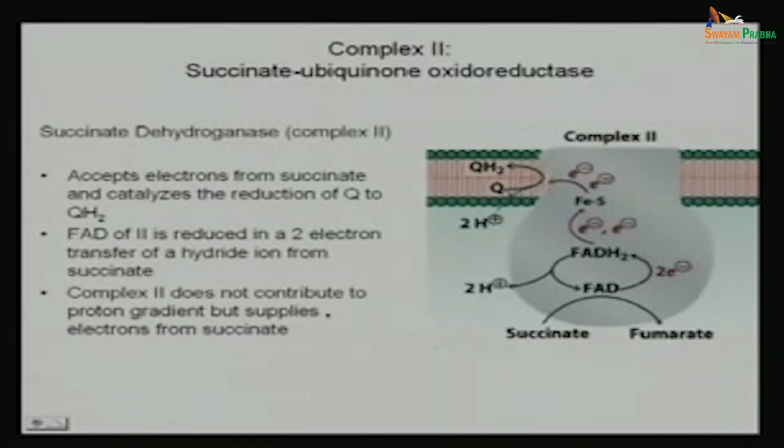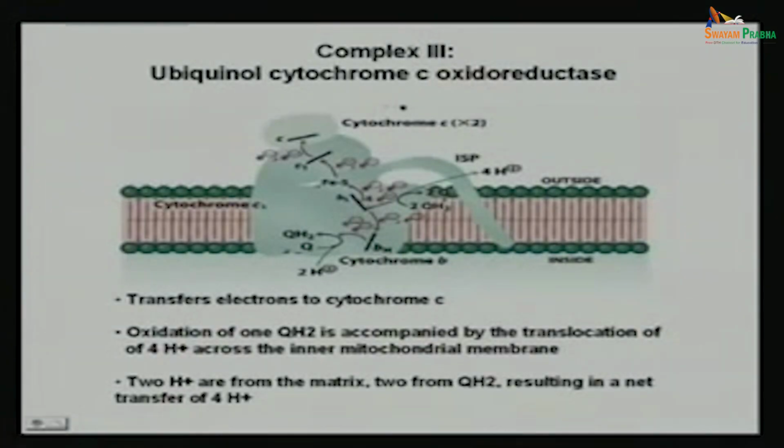In this way, FADH2 and NADH are donating electrons to the electron transport chain. It is further carried over to complex 3.